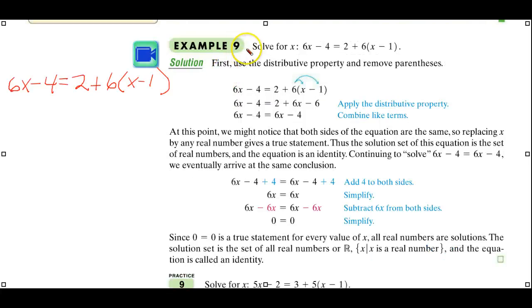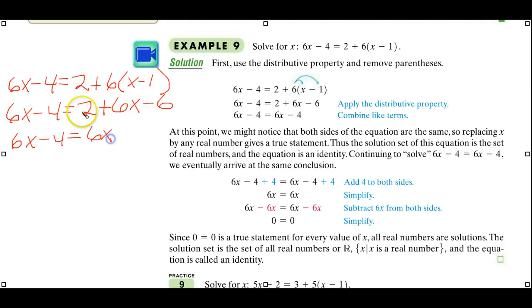Now in example 9, this looks like an equation. Let's see what we get. 6x minus 4 equals 2 plus, clear parentheses, 6x minus 6. 6x minus 4 equals, combining like terms, 6x minus 4. Oh, we have an identity.